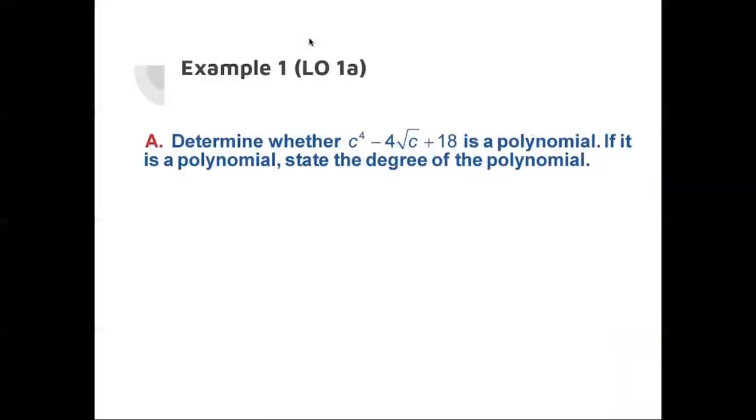Having learned all these vocabulary words, let's solve some examples together. First example, determine whether c to the power of 4 minus 4 root c plus 18 is a polynomial. If it is a polynomial, state the degree of the polynomial. Okay. First, let's rewrite this. C to the power of 4 minus 4 c to the power of 1/2 plus 18.